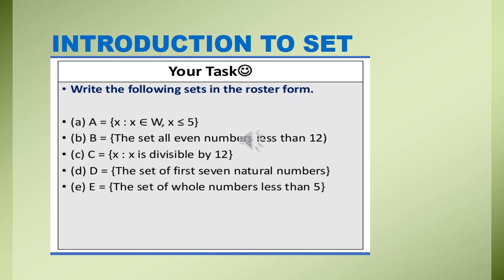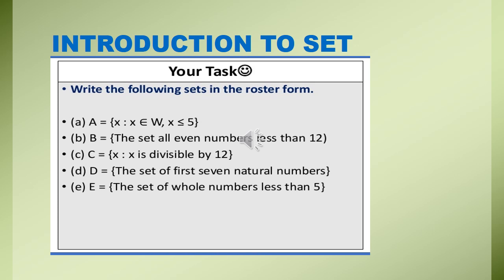My young mathematicians, there is another task for you. Write all the following in listing form or tabular form. Clear? So, first is x such that x is a member of W. W stands for whole numbers. Next, we have 5 parts and you have to read them carefully and write all these sets in listing form.